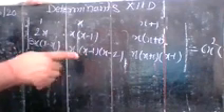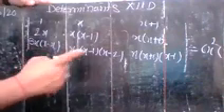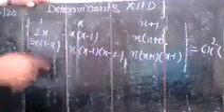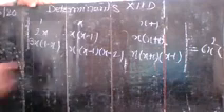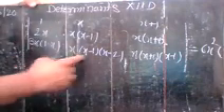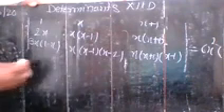So you can take out x from the second column and x plus 1 from the third column. Understand?